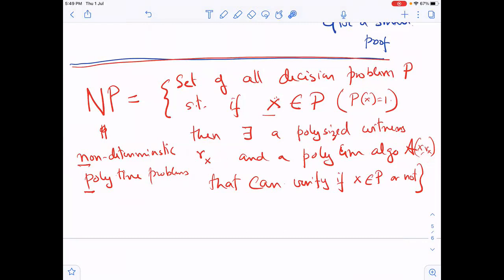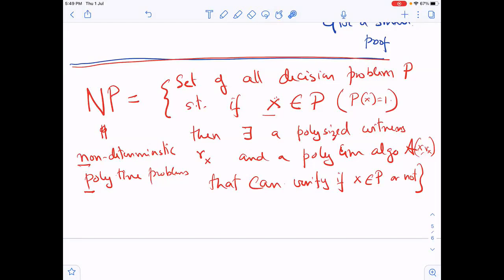If you want to talk about it in terms of the non-deterministic thing, a language L is in NP if there exists a non-deterministic Turing machine that accepts that language. But that's also in polynomial time, right? Yes, a non-deterministic polynomial time algorithm. Exactly.